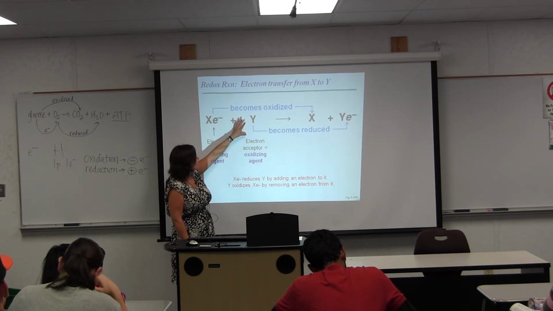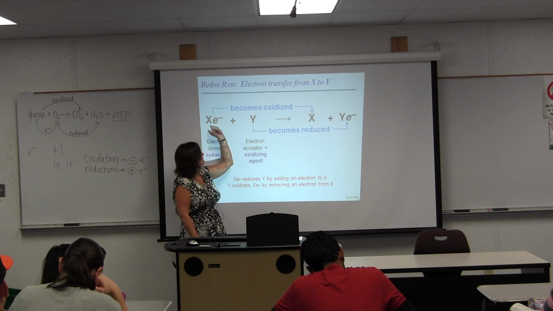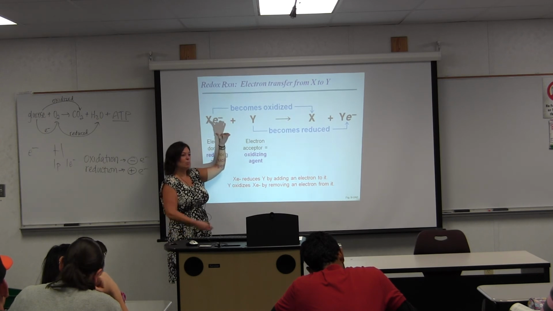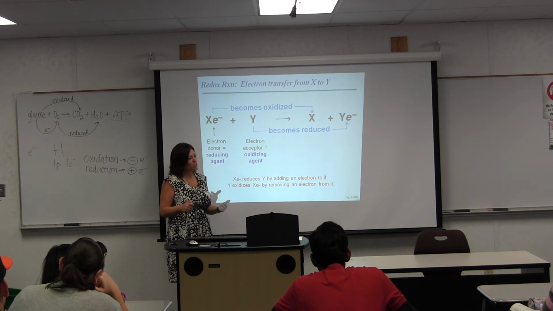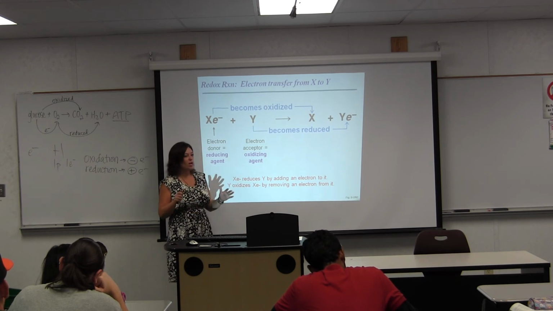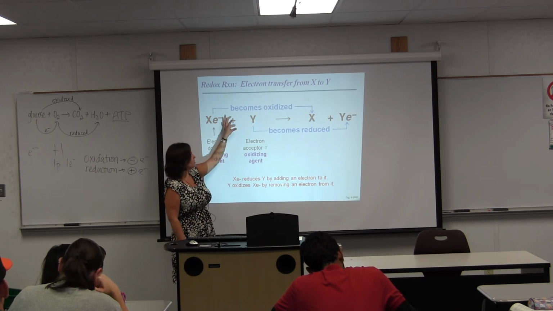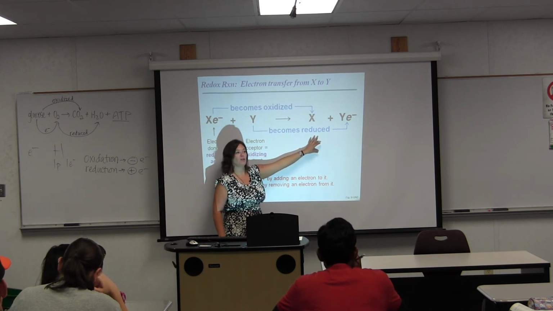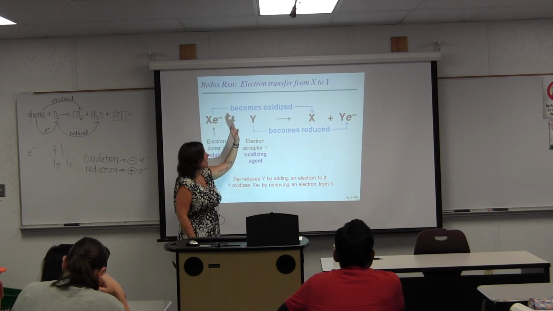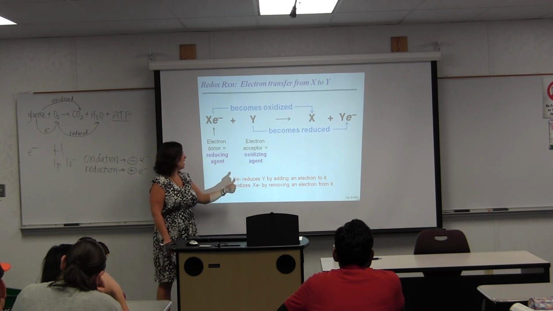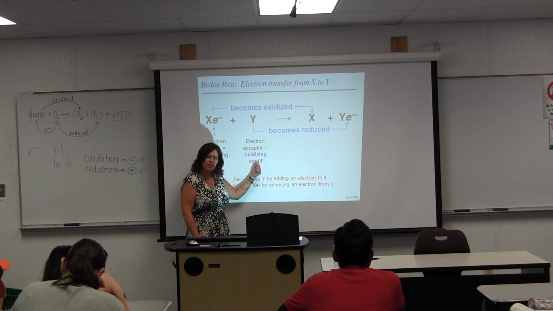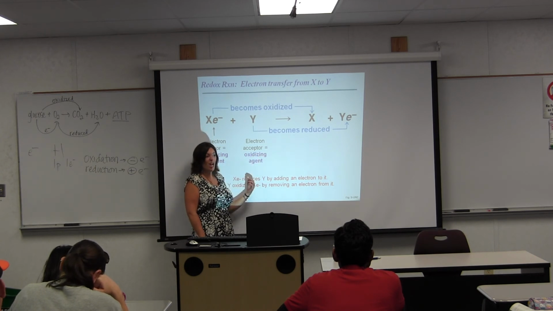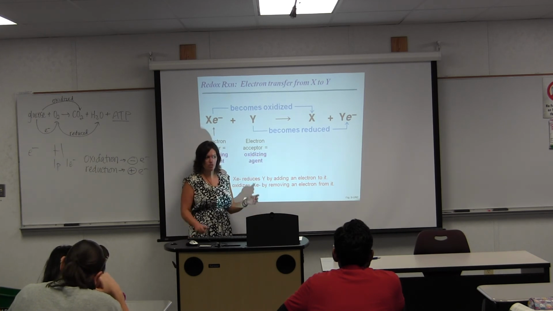So Y is going to oxidize Xe by taking electrons away from it. I know it's a little confusing, but primarily I want you to know the difference between oxidation and reduction. So if something is being oxidized, it's being oxidized by a reducing agent. If something is being reduced, it's being reduced by an oxidizing agent. So it's kind of almost backwards from what you would expect it to be.